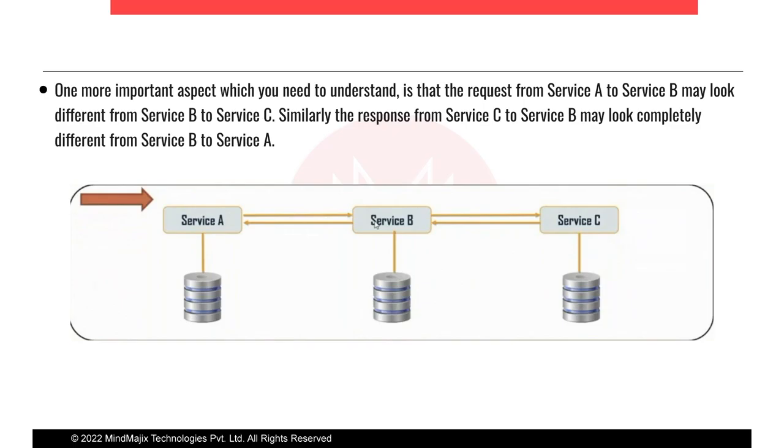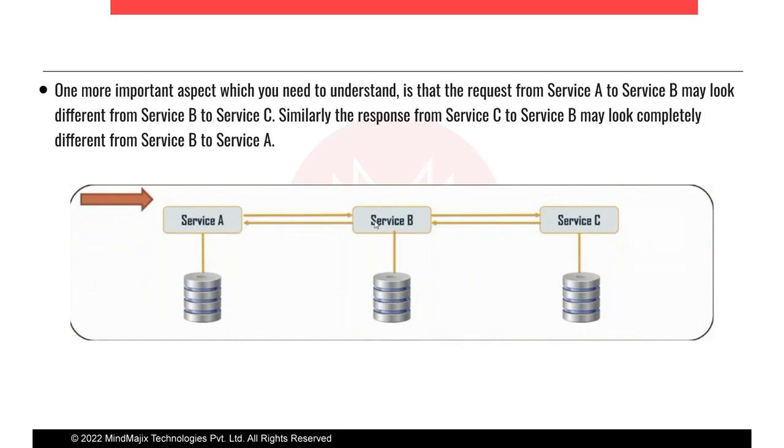So service A will go to service B, and the service B request will go to service C. After going to service C, the request fetches all the details from the database, and service C returns to service B, and service B returns to service A. So these are in a chained manner. You can see the arrows: the requests are coming and the responses are going service to service. So this is the chained pattern.